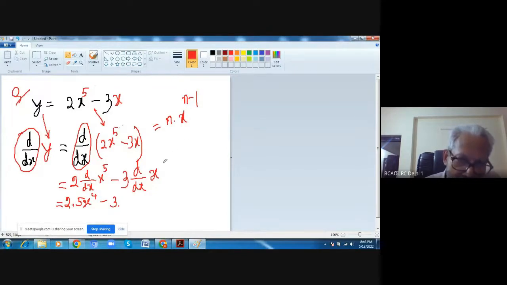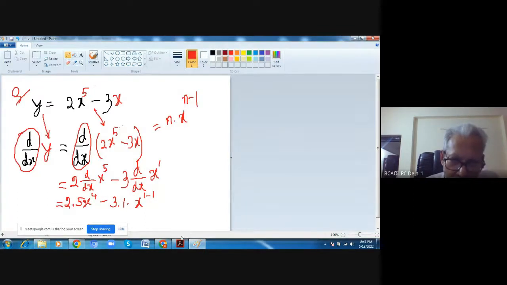In this case, when nothing is there, you can consider 1. So 1 into x to the power 1 minus 1, which is 0. 1 minus 1 is 0. x to the power 0 is equal to 1. So finally only 3 will be there. So 10 x to the power 4 minus 3.